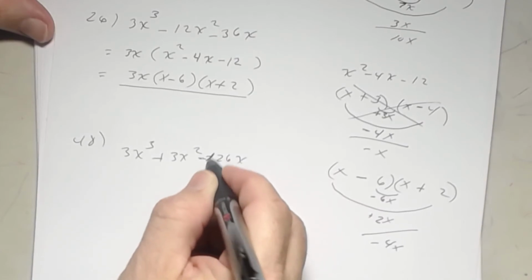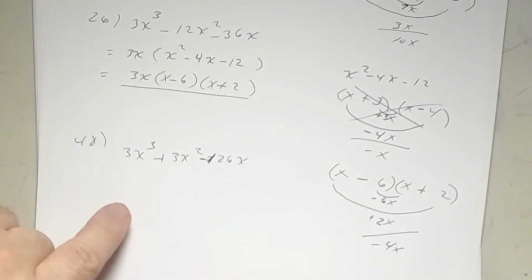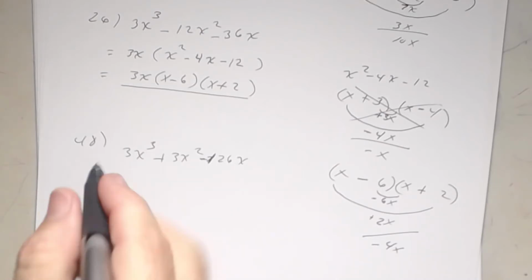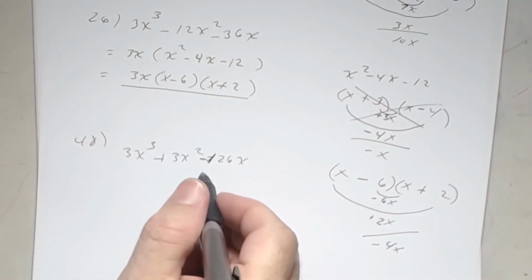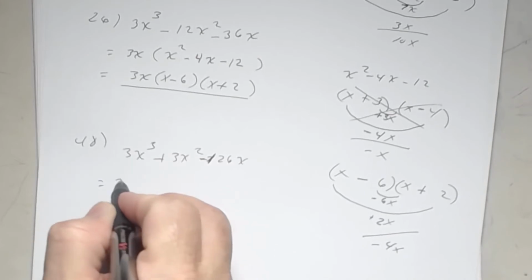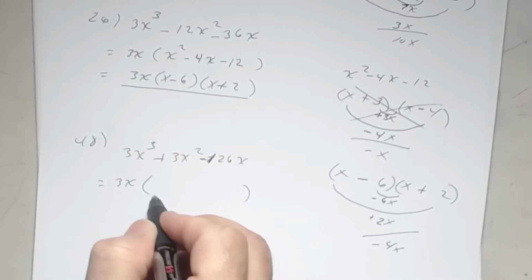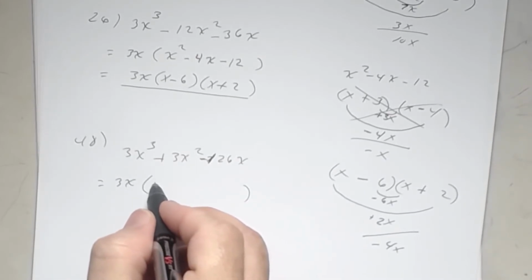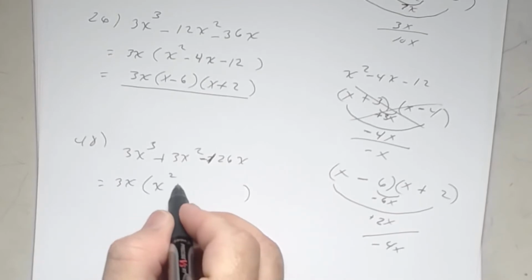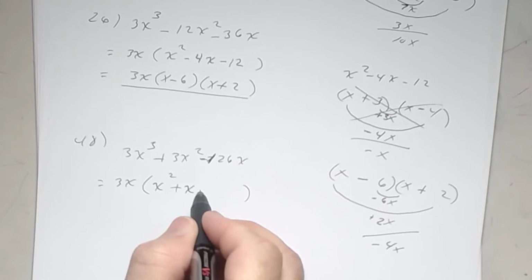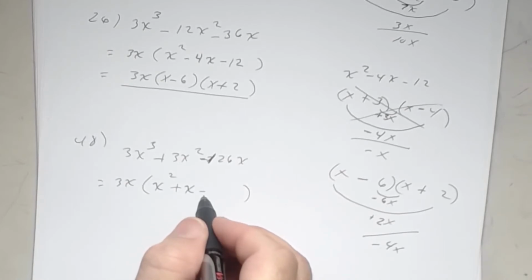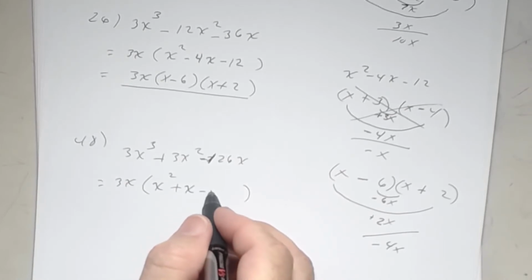The GCF is 3x, because 3 goes into 126, 42 times. So that'll be 3x times x squared plus x minus 42.